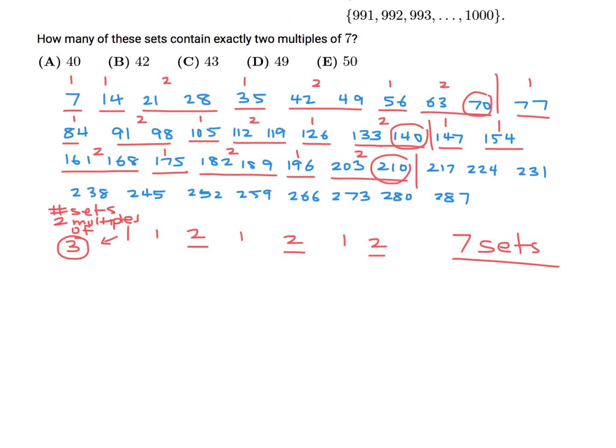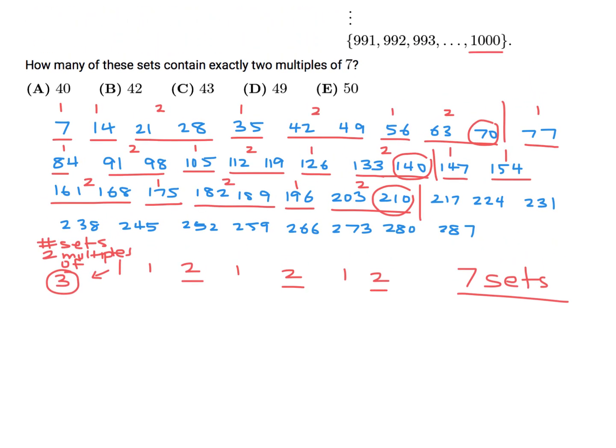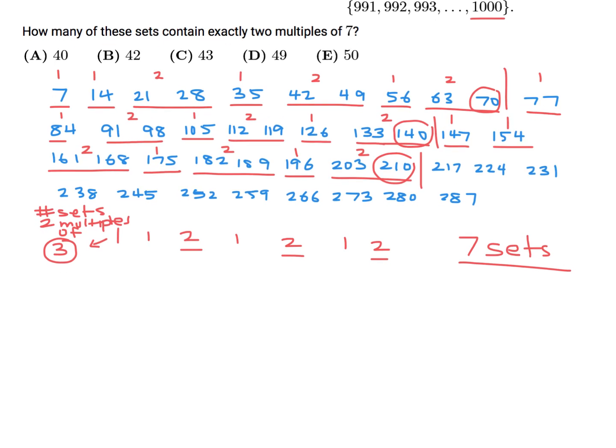So what are we going up to here? We're going up all the way to 1,000. 1,000 divided by 70 is about 14 and change, right?